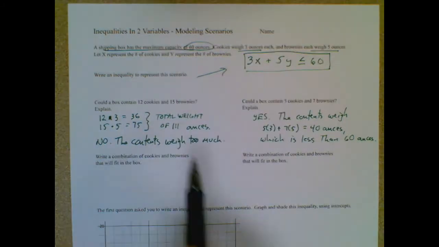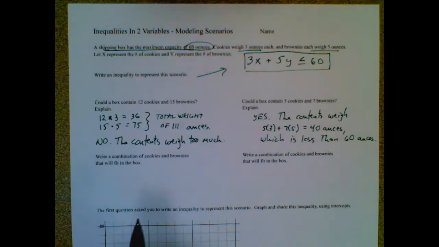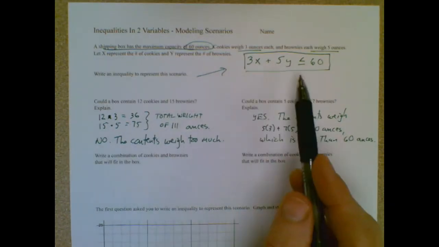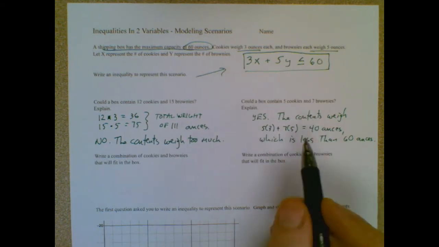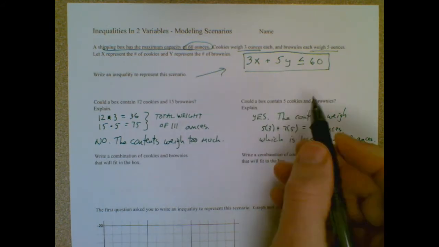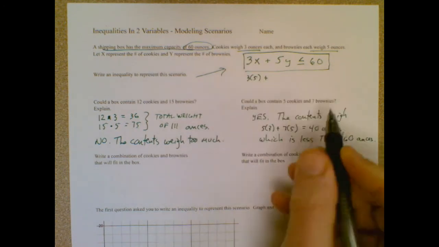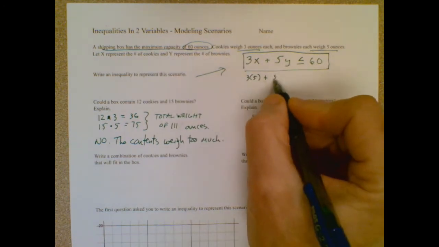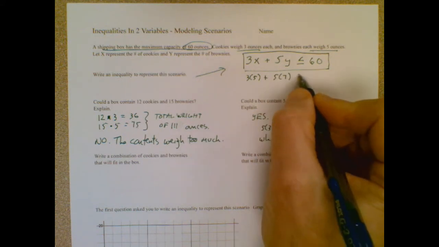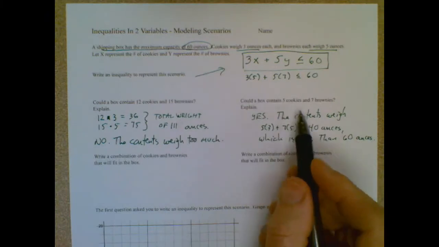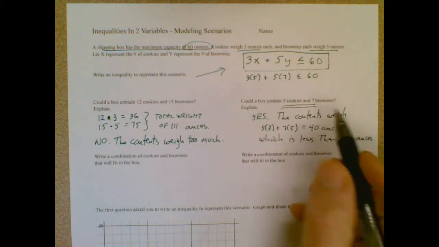Well, another way you can find out if these are a solution or not is to plug into this equation, or this inequality, and see if it makes it work. So let's do this one. If I plug in 5 cookies, 3 times 5, and 7 brownies, 5 times 7, that has to be less than or equal to 60 to make that a solution to that inequality.